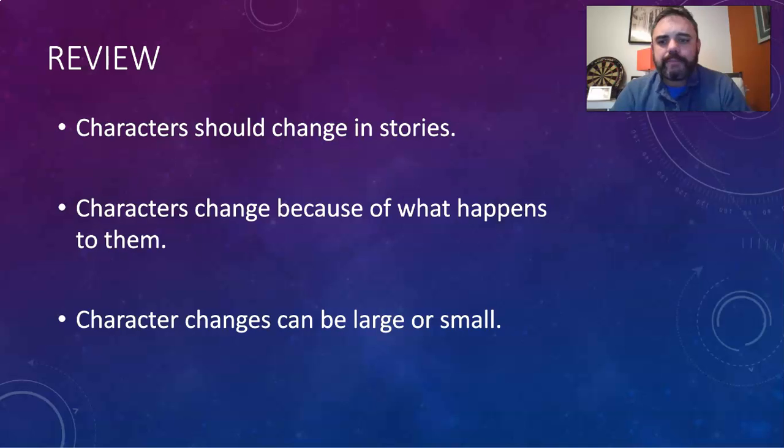They do it with a purpose, to cause change. And as we've seen in our three examples today, character changes can be small or large. They can be on an emotional level, a heart level, an attitude level, or a lifestyle level, changing what we do day to day or the hobbies we have, or things like that.